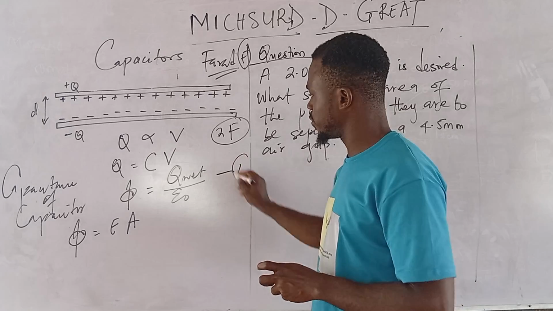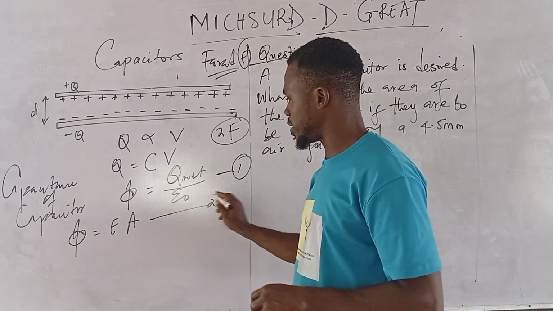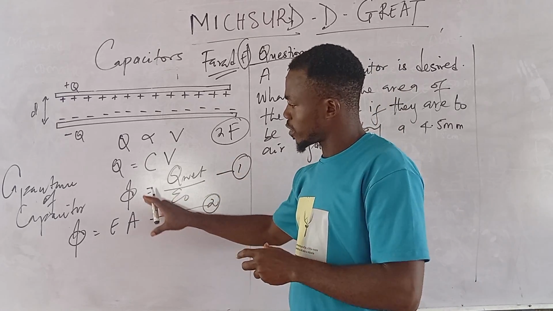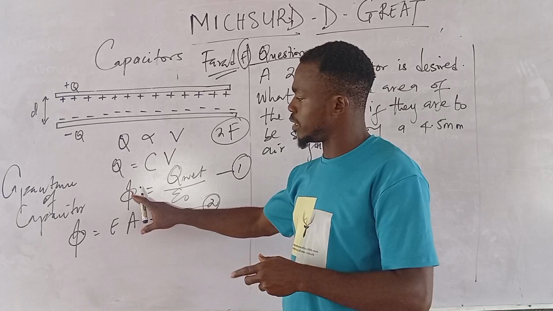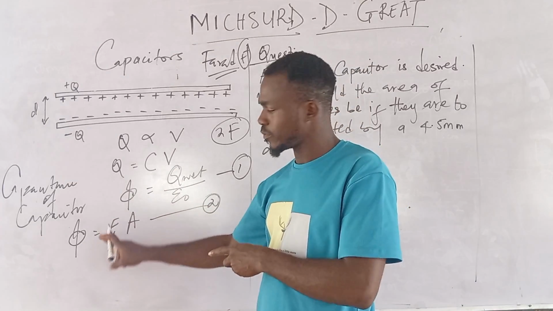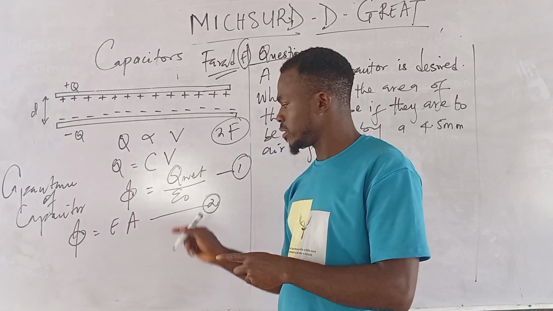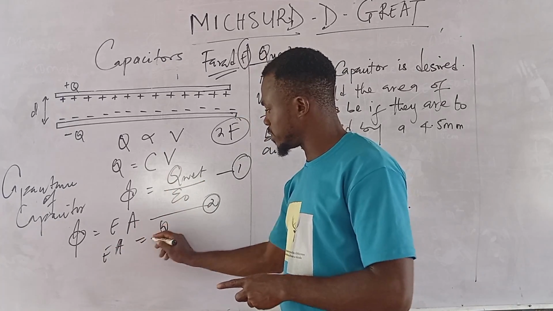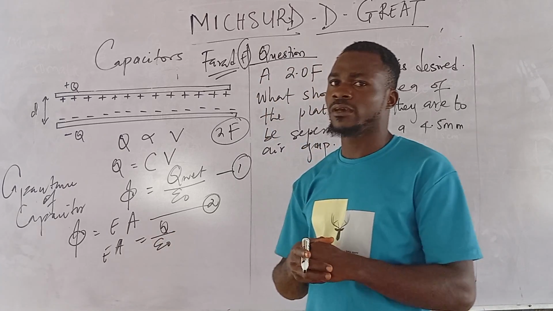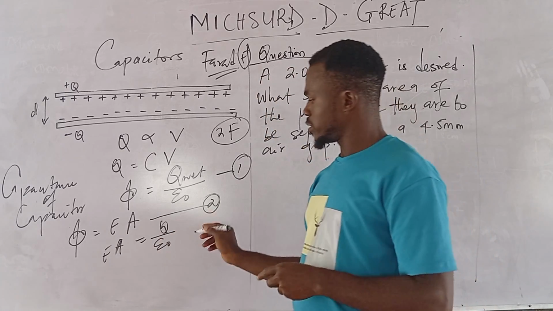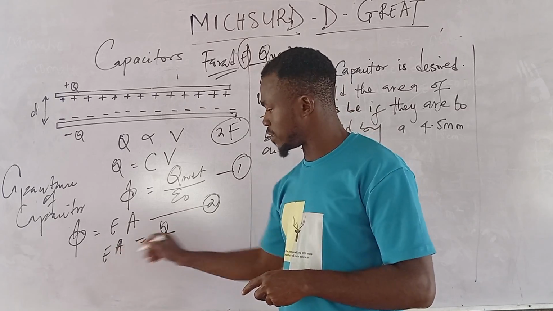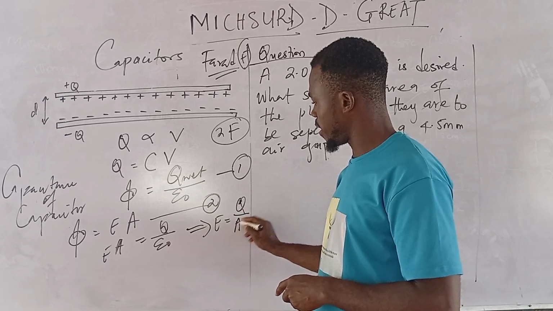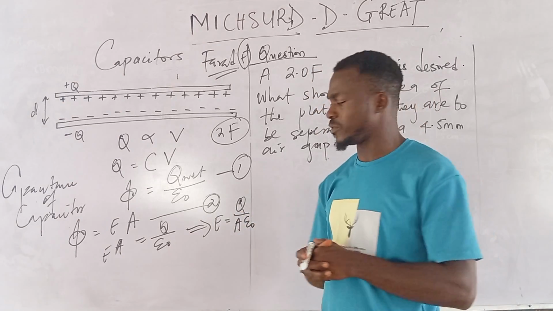So we have two equations, and since both are related to the electric flux, we can equate them. So EA equals Q over epsilon naught, and making E the subject, E equals Q over A epsilon naught.